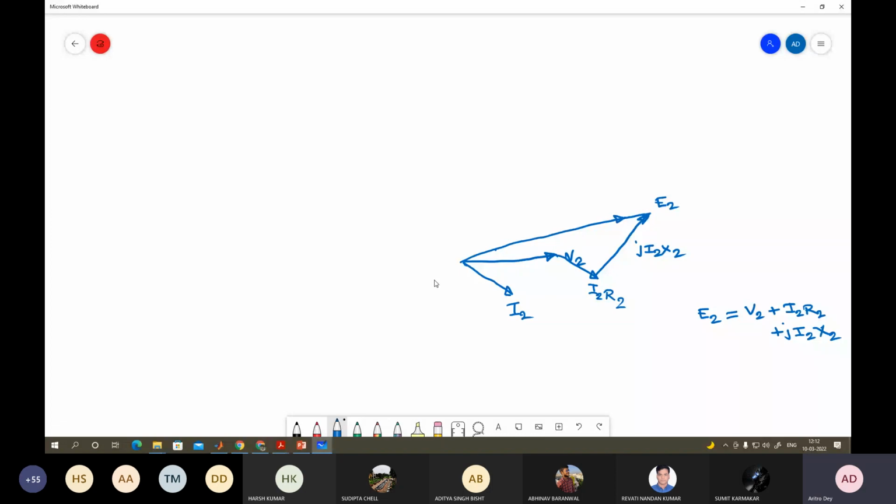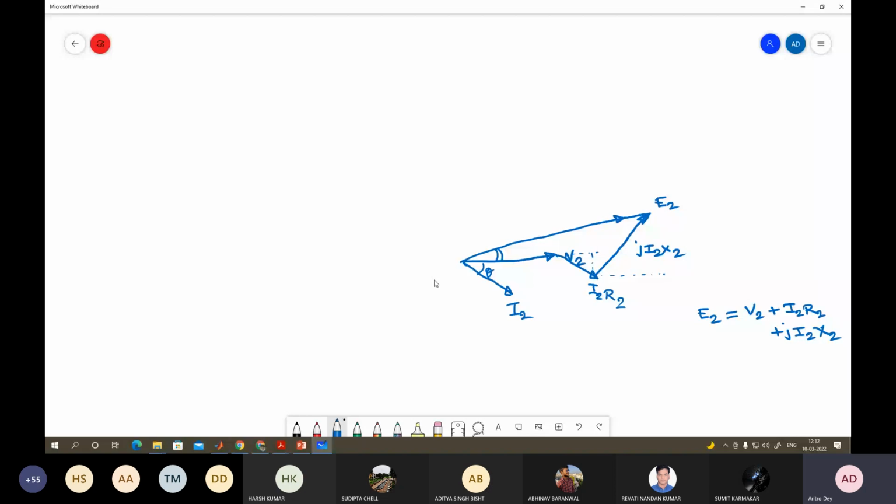How can you get this? You can take this as theta. If you extend this, this is I2 R2 cos theta. And this angle is also theta, so this one is 90 minus theta.